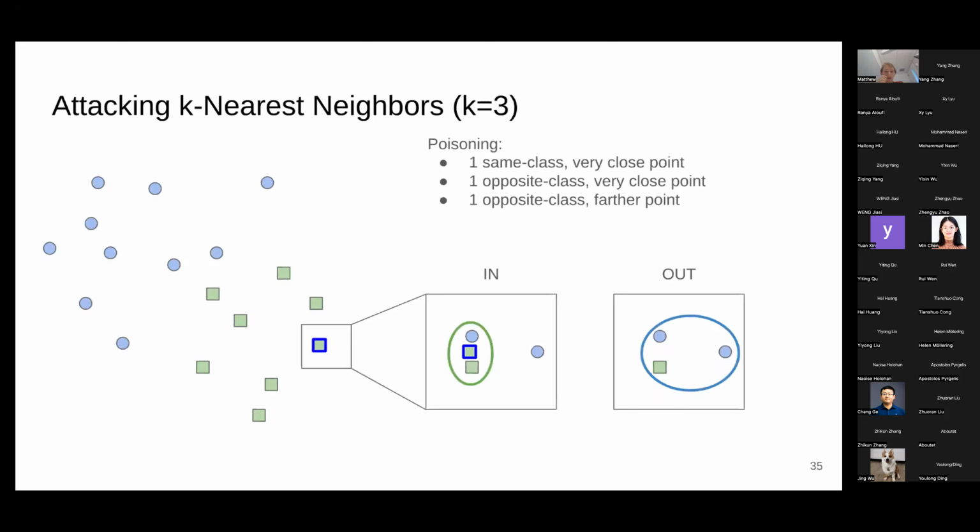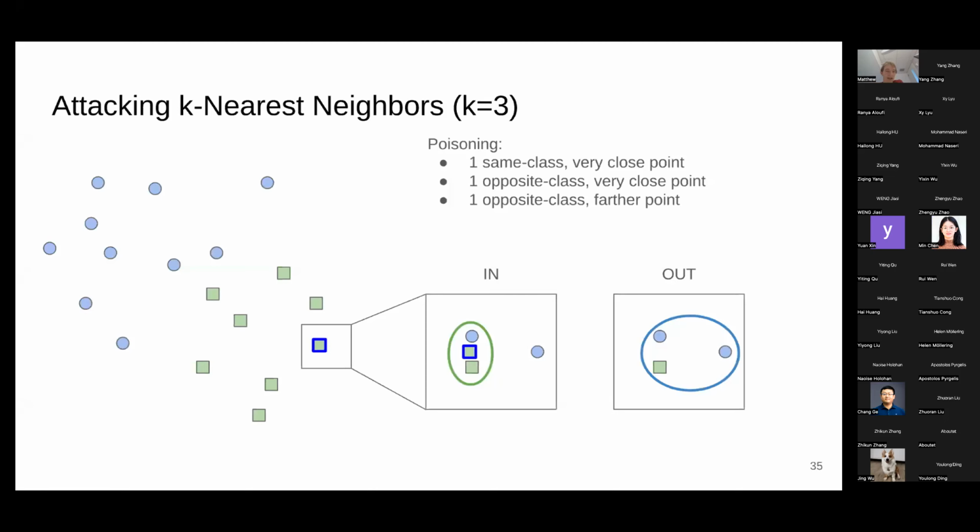And so what we see is that if this example is in the training set, then when you query what is the label for the example, the 3 nearest neighbors are those 2 very close points, one which was opposite, one which was same class, and then the tie will be broken by that example.